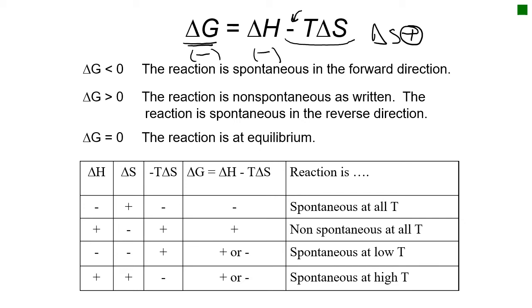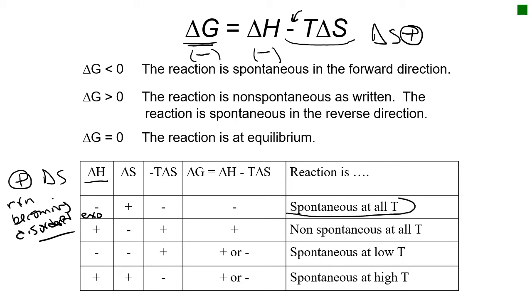So the first set that we're going to do here is that if we have a delta H that is negative, which by the way is exo, and a delta S that is positive, which inherently means our system or our reaction is becoming disordered. So if we have a disordered reaction that's producing a lot of heat, the reaction is spontaneous at all temperatures.